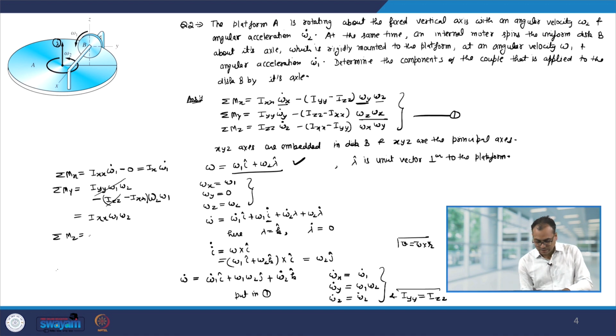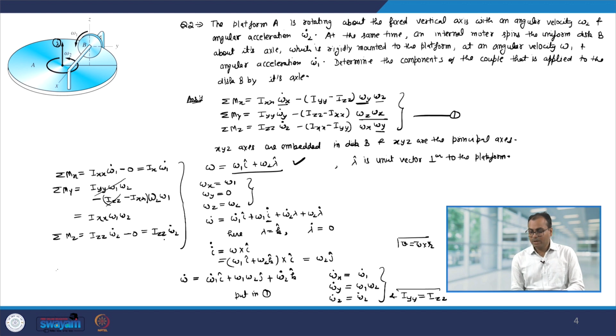It will be Izz omega z dot, which is omega 2 dot, minus omega x omega y, but omega y is 0, so that is 0. So, that is equal to Izz omega 2 dot. So, these are the components of the couple that are applied to the disk B by the axle. With this, let me stop here. See you in the next class. Thank you.